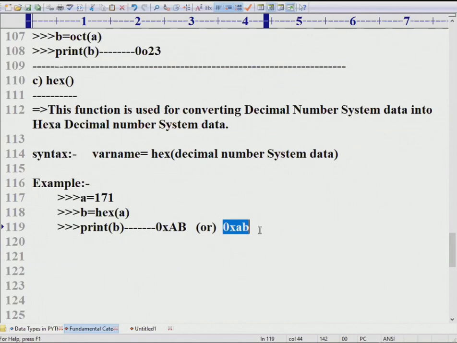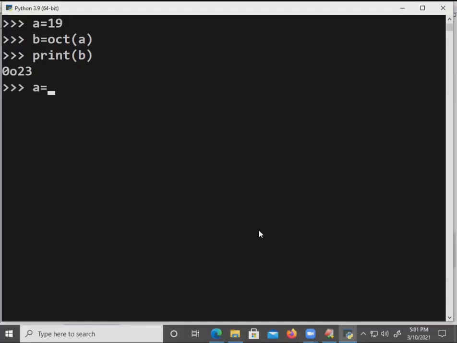So let me show you back in the Python window. A is equal to 171, B is equal to hex of A. What is the result coming? Print of B.